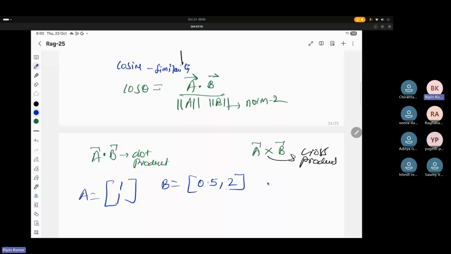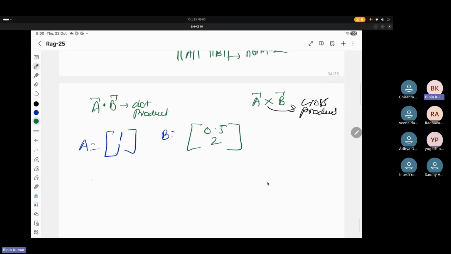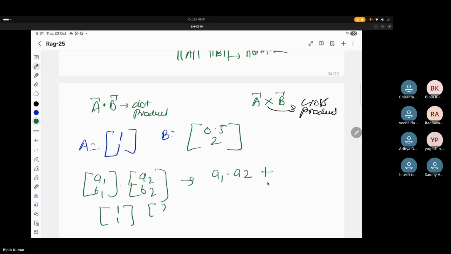If there is a1, b1 and a2, b2, and you do the dot product, it will be a1 into a2 plus b1 into b2.